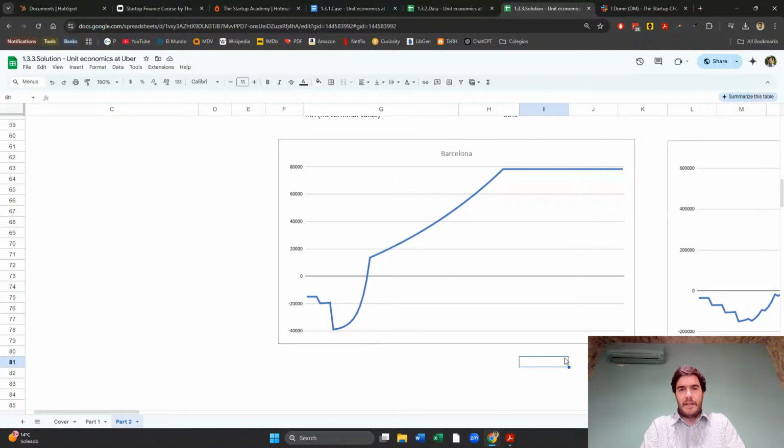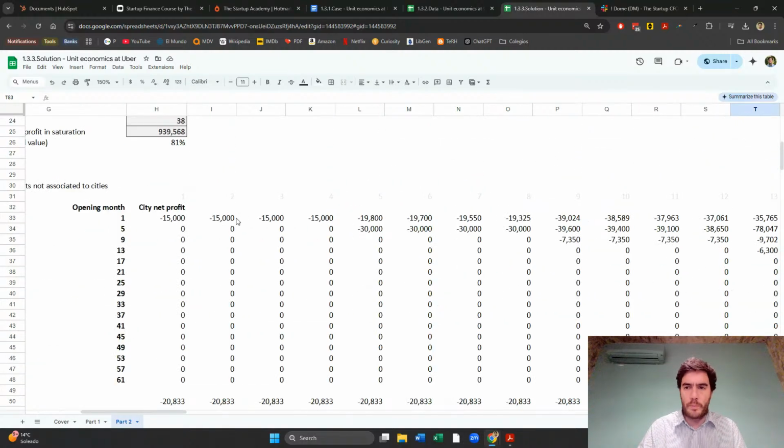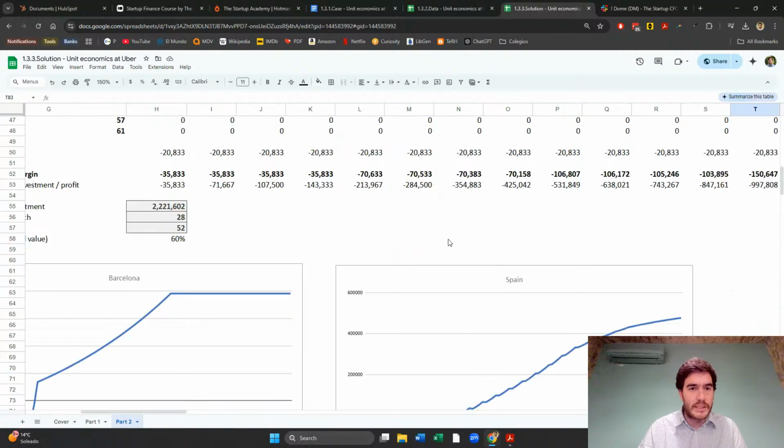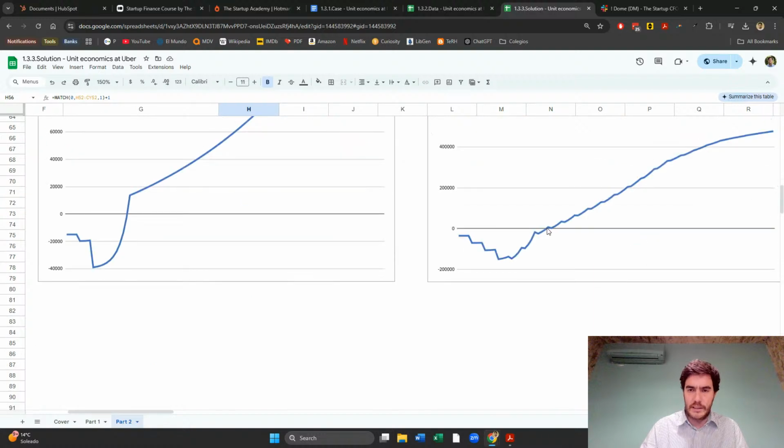So then maybe there are problems here. So it's all theory, and this is why startups can be losing money. The second part is how about we open 16 cities in Spain. And we see that in this scenario, we lose money during 28 months, which is longer.